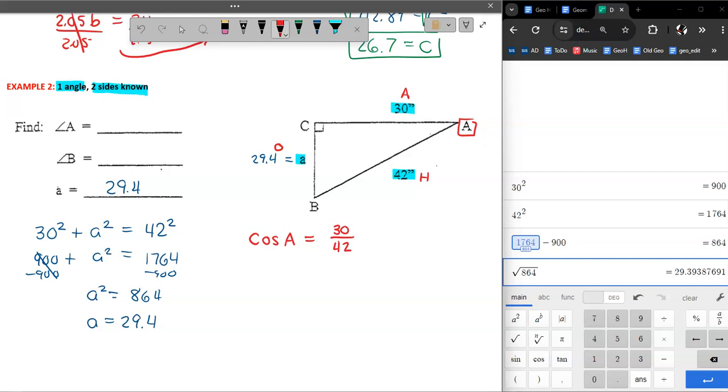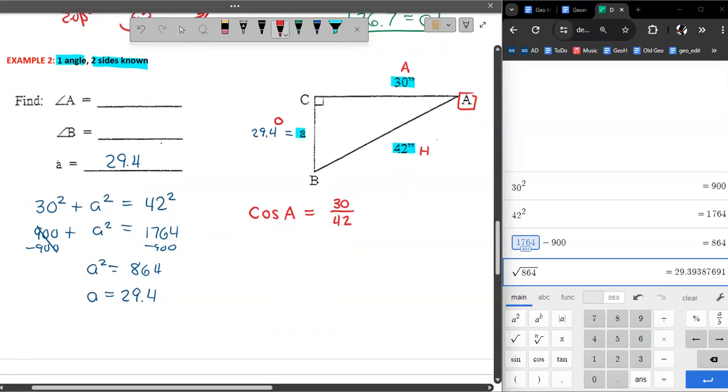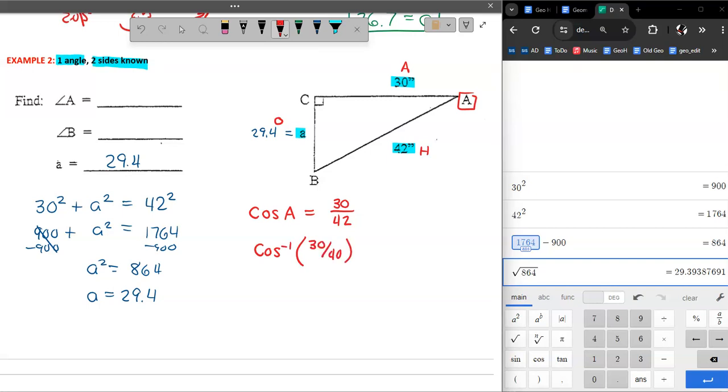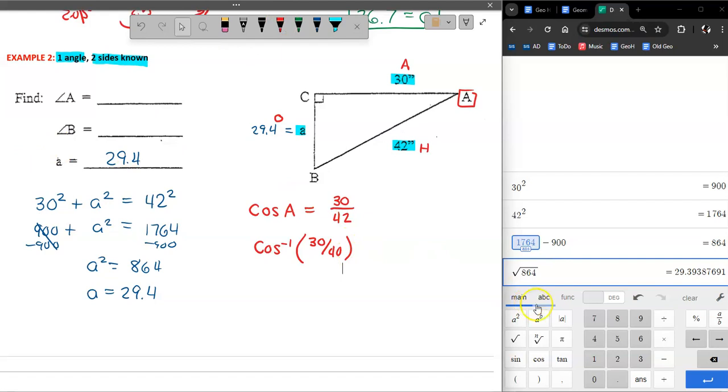Since we know the ratio, but we want to know the angle, this is a perfect opportunity to use the inverse cosine ratio. So second cosine 30 over 42, and that is going to give us our answer. On the Desmos calculator, I believe if we press and hold, I don't know if that works or not.